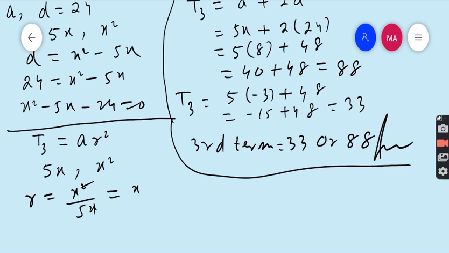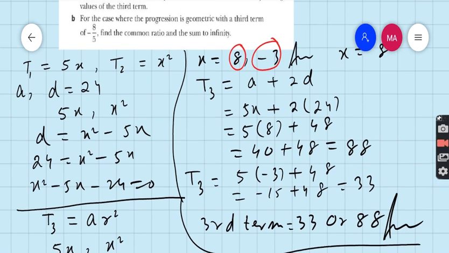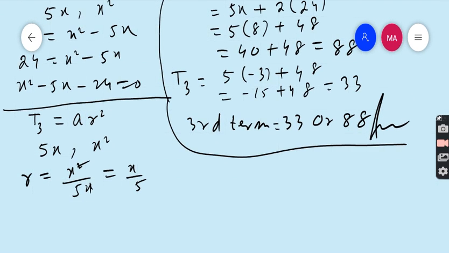X cancelled by its square, it is x upon 5. Now the value of the third term is given as minus 8 upon 5.